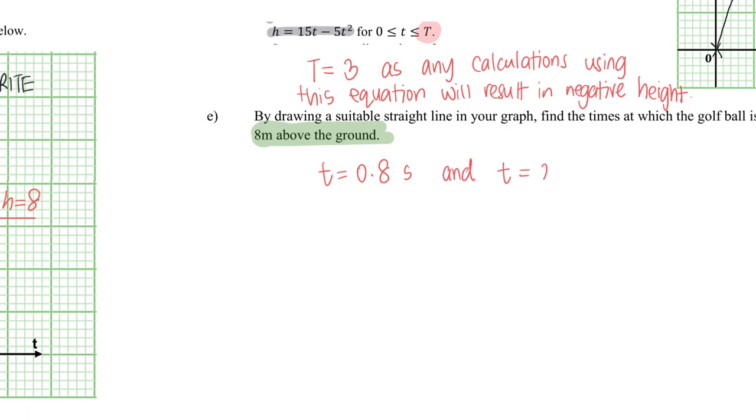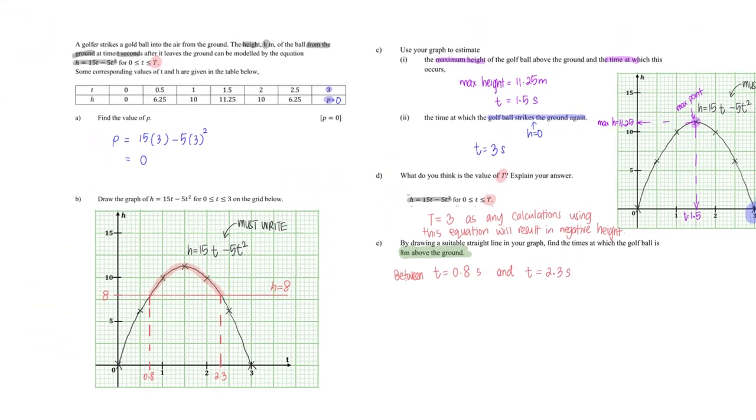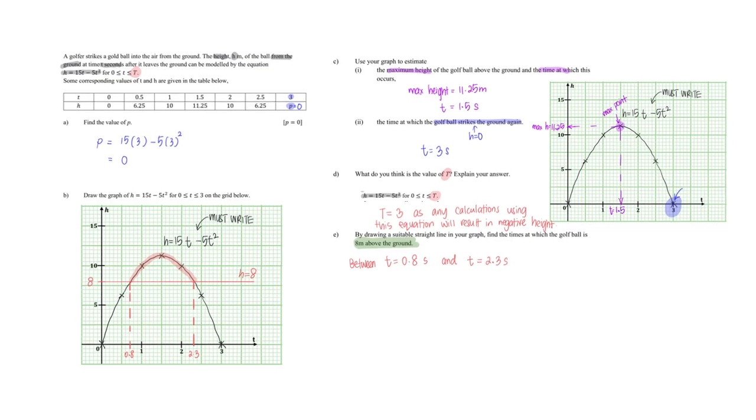Between these 2 points is where the golf ball is above 8 meters. And with that, we have come to the end of this video. If you like this video, do give it a thumbs up. Thank you for watching. Have a nice day.